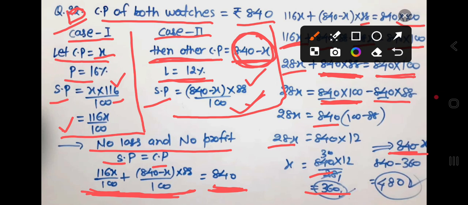So 840 minus 360 will come to 480 rupees. The cost price of the first watch will be 360 rupees and the cost price of the second watch will be 480 rupees. I hope it is clear to all of you.